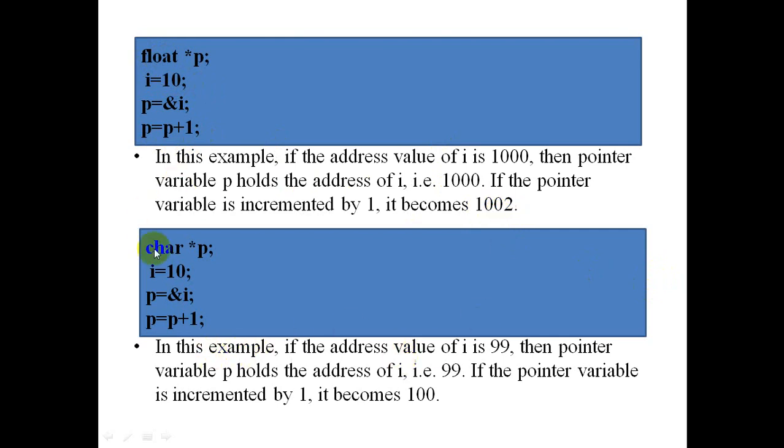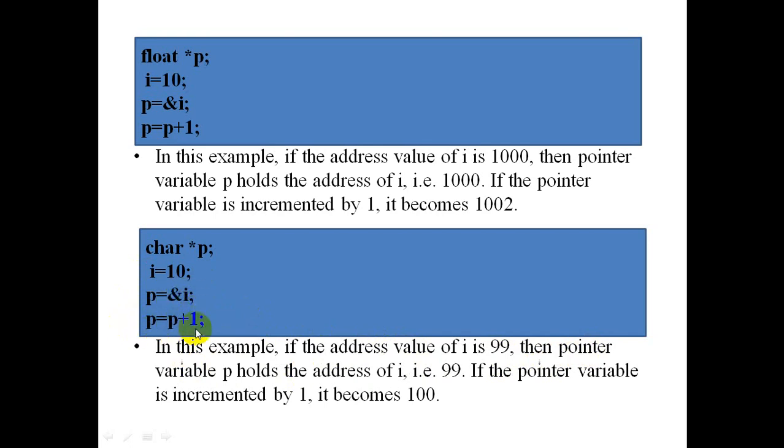Next, in the same way, we have a pointer variable P declared in char data type. I equal to 10, P stores the address of the variable I. Next, P equals P plus 1. P has been incremented by 1. Here I have just taken an example: the address of I is 99. The pointer variable P holds the address of I as 99.